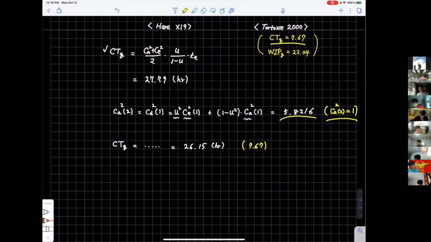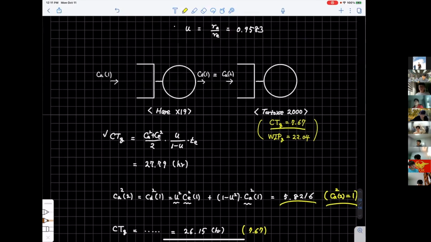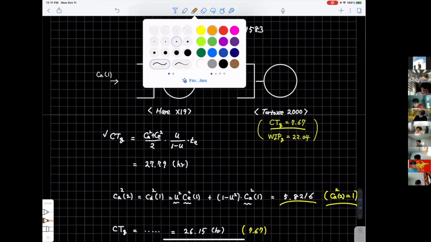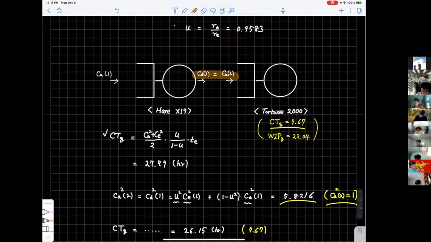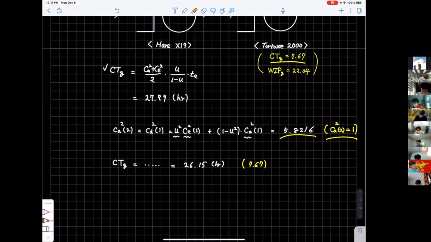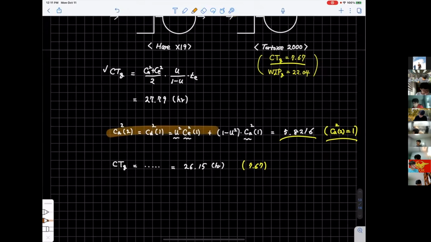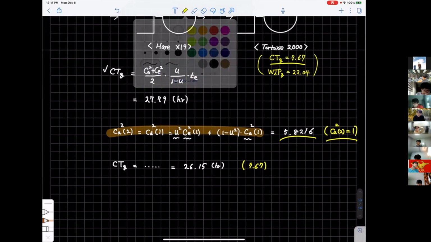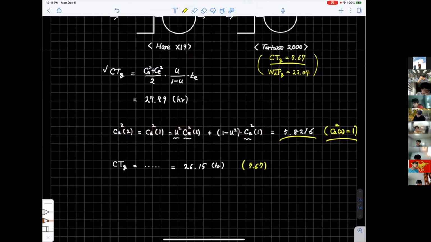But now, the hair X19 has an impact on the Tortoise 2000 with this relation, and according to this calculation, that impact has transferred to the Tortoise 2000.